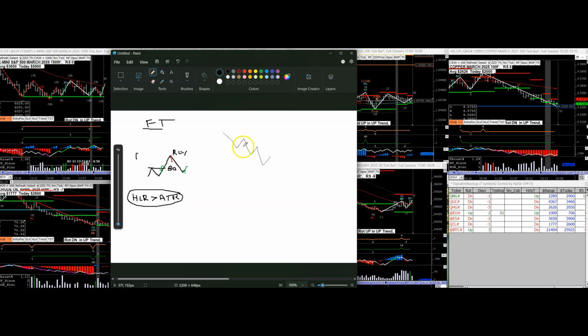So the amount of distance that comes after the breakout here depends on trend. The amount of distance that comes after the reversal here depends on trend.